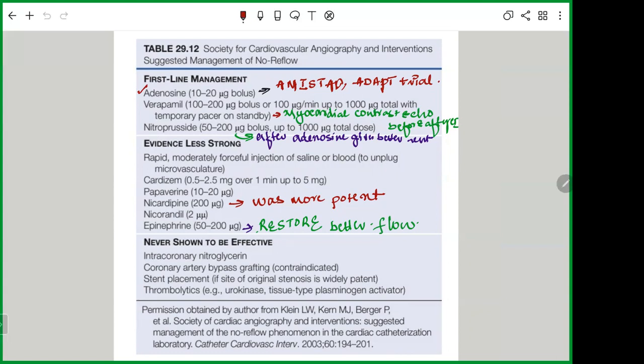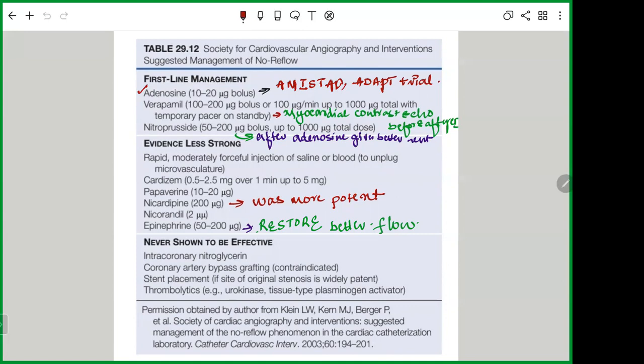Next is verapamil, which is given as a 100 to 200 microgram bolus. This was assessed with myocardial contrast before and after PCI. With verapamil, myocardial contrast echo shows there are no trials quoted, but they said that Fusit et al. said that compared to verapamil, nicardipine is more potent. But with nicardipine, there is more hypotension. So while using verapamil, you should take care of the pacing, because blocks were more common with verapamil, and myocardial contrast echo shows before and after PCI.